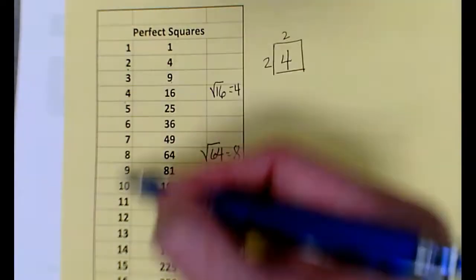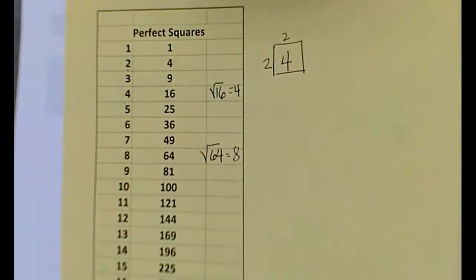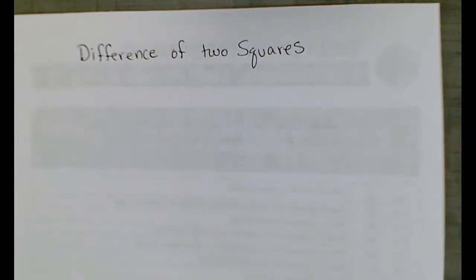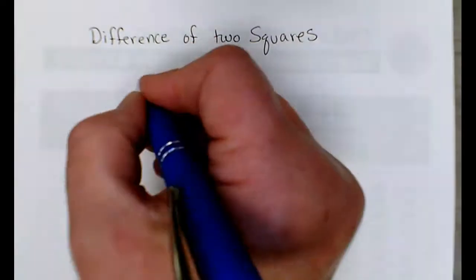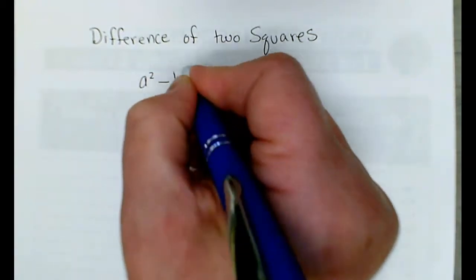Now, if you don't know your perfect square numbers, this chart is in your notes in Schoology. Okay, so the difference of two squares is going to be a special pattern that's going to come up over and over again, and so that's why we're going to memorize it right here starting today.